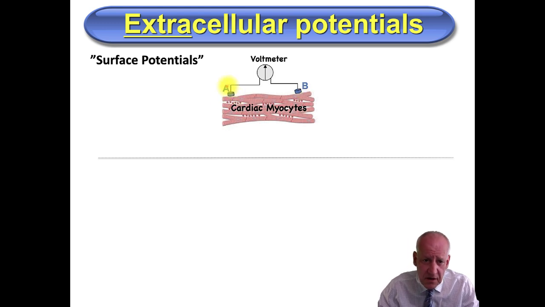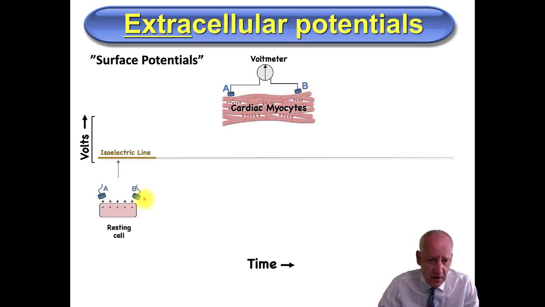In this situation, A is located on the surface of one end of a cardiac myocyte, and electrode B is located on the surface of the other end of the myocyte. So if we start with the resting myocyte, the membrane potential at rest, there is no difference in electrical potential between A and B, right? A strip chart recording of this potential would show no deviation from the baseline, which we call isoelectric.